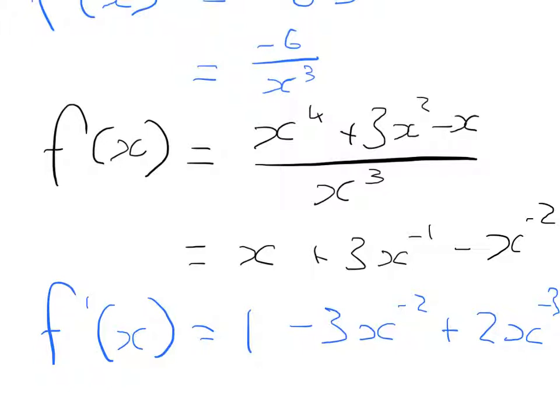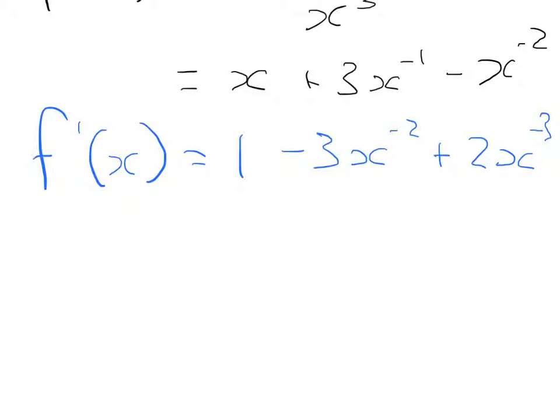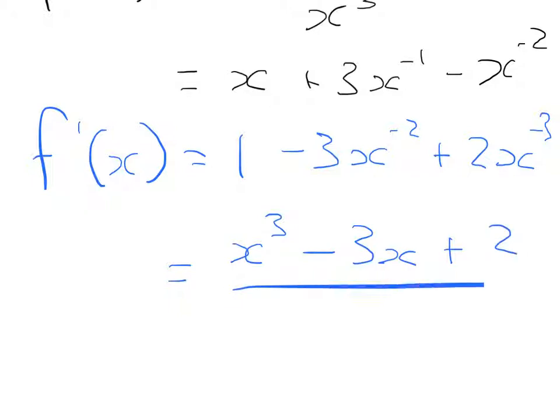So x to the power of negative 3 is what goes on the bottom. So we're going to get x cubed minus 3x plus 2 all over x cubed. So that's putting it back in the same format that we got the question in.